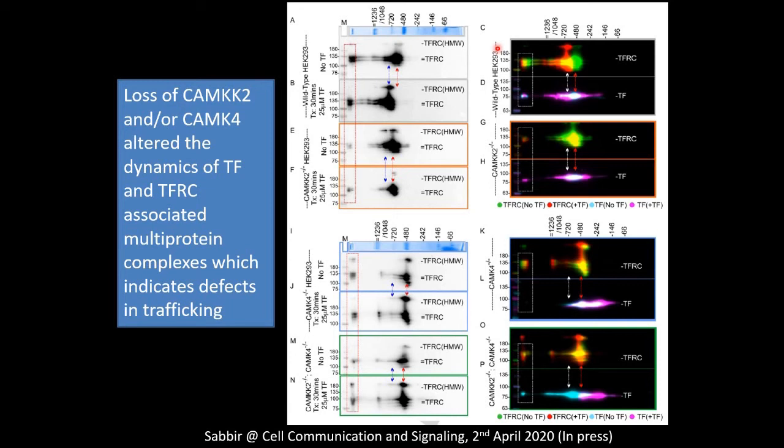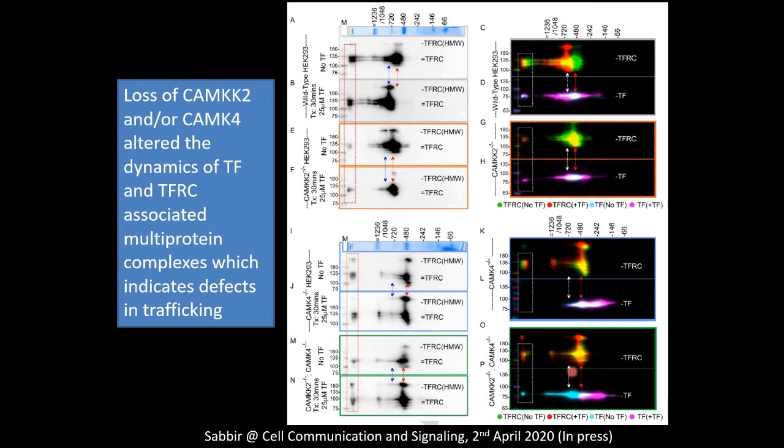As you can see on the top two panels, both transferrin and transferrin receptor associated protein complexes shifted to a higher molecular weight region following transferrin treatment. And as previously shown, the relative shift of both complexes, transferrin and transferrin receptor associated complexes, was hampered under CAMKK2 knockout condition.